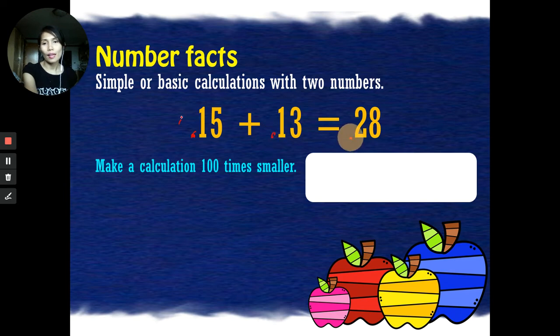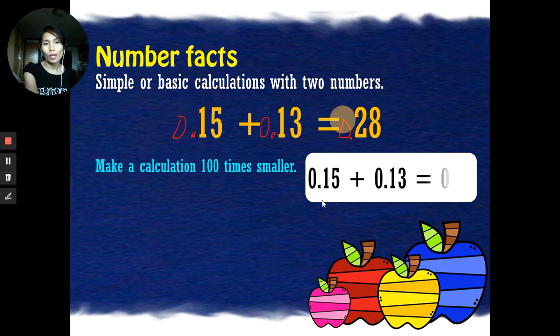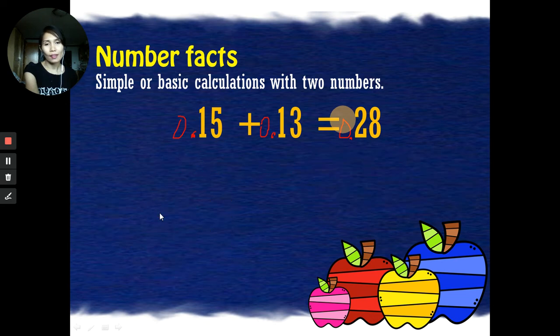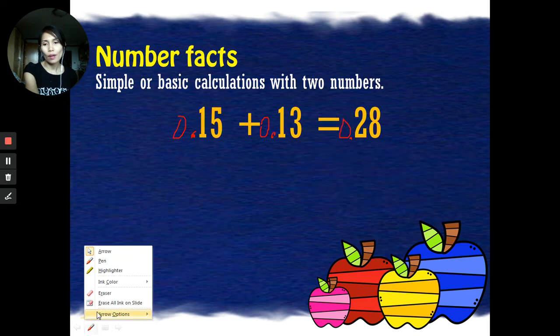Then add 0 before the decimal point. So that's what we got here. 1500s plus 1300s equals 2800s. Correct. If you want to check your answer, you can do calculations like this. Try to divide and see if your answer is correct.